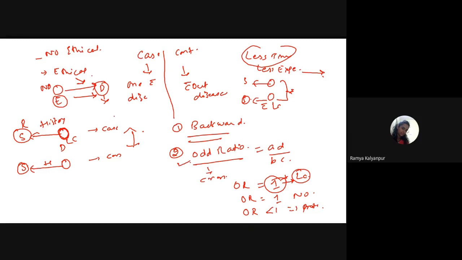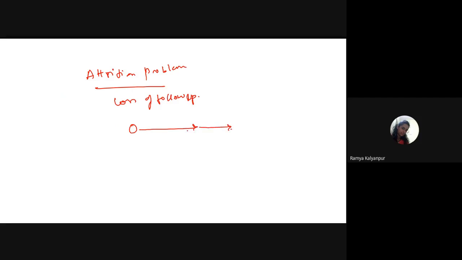Then another important issue is the attrition problem. What is the attrition problem? That is loss to follow-up. Since we are trying to track the people in cohort studies for a longer period of time, there are chances that some people may die, or some people may say that they don't want to participate.